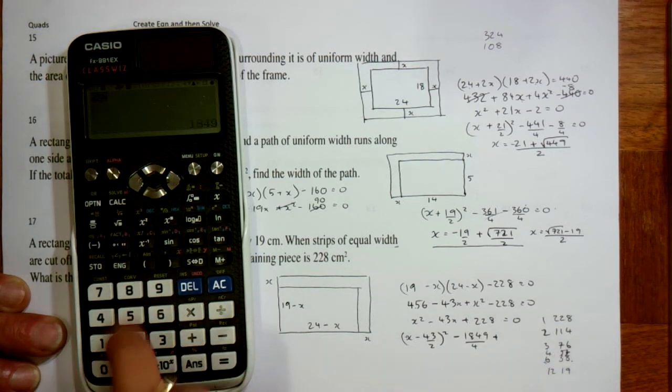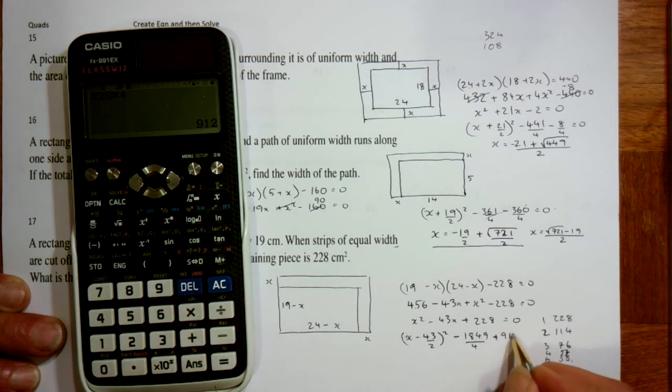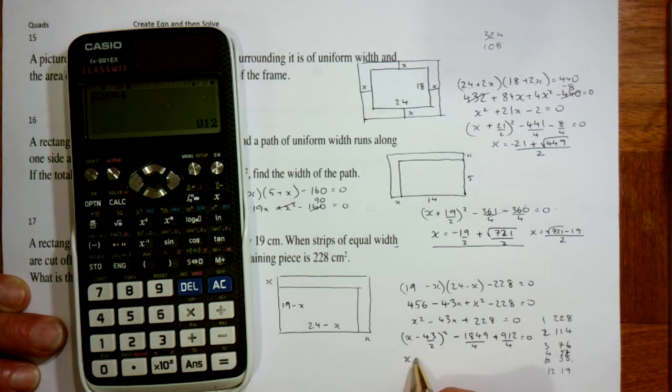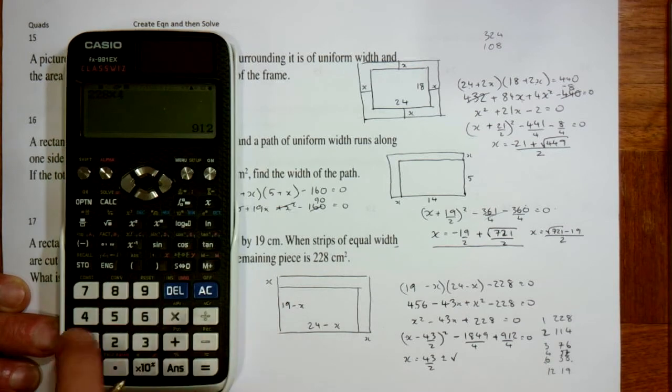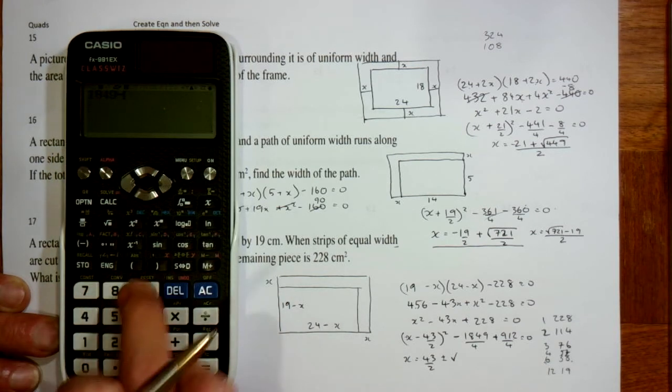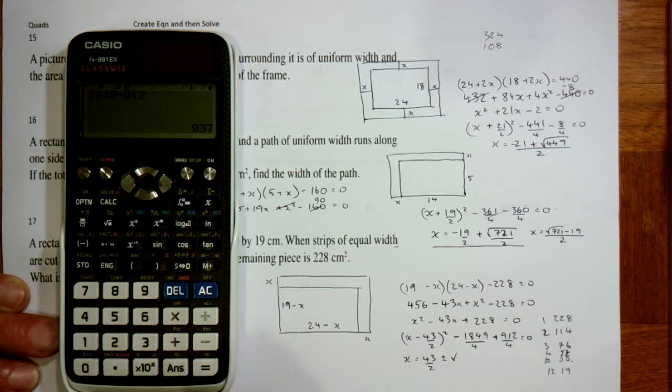Add 228 times 4, which is 912, over 4 is equal to 0. Put these together, move over to the side, square root it, and add the 43 over 2. x is 43 over 2 plus or minus the square root of 1849 minus 912, which is 937. It's not a square number, all over 2.